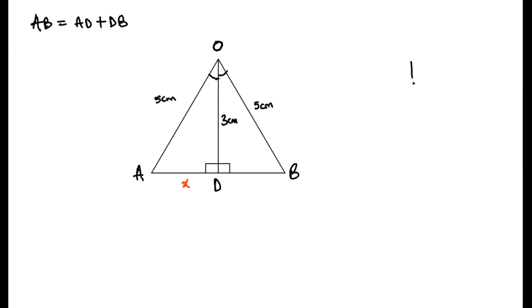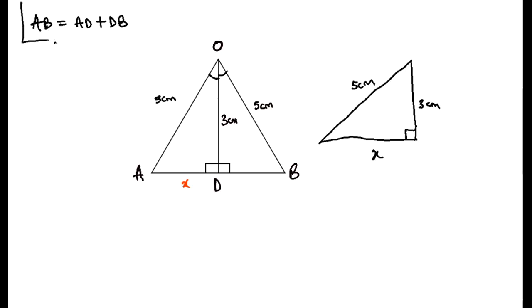If you don't understand, I'm trying to redraw this diagram. Sorry that it's not straight. Just manage. This is X, this is 5 centimeters, this angle is 90, and this is 3 centimeters. Getting here, I'll use Pythagoras rule, which states that the square of the longest side. We are asked to get AB, so keep this somewhere.